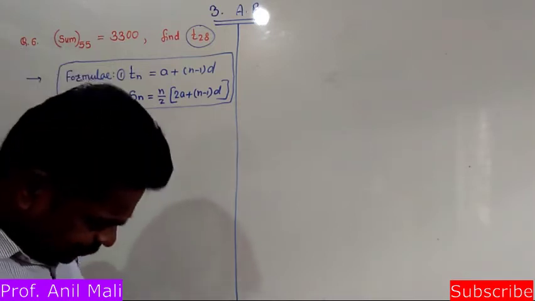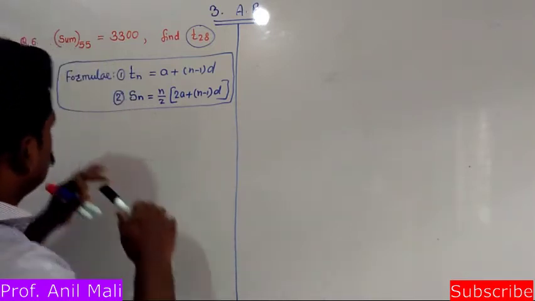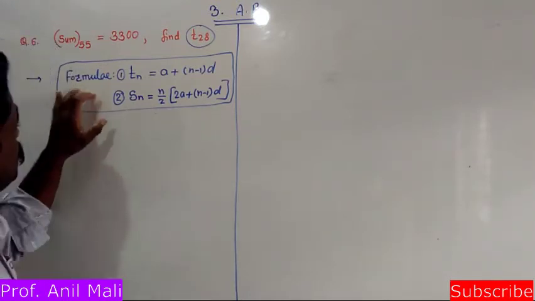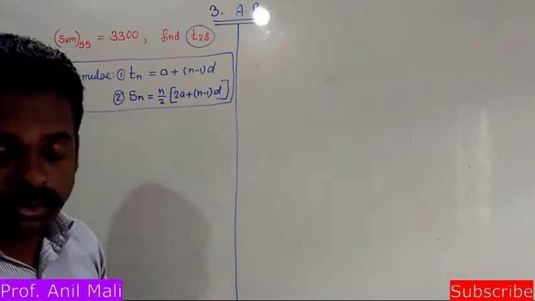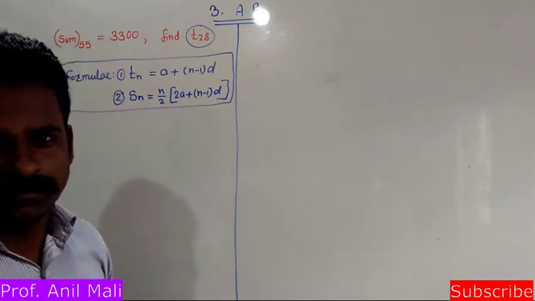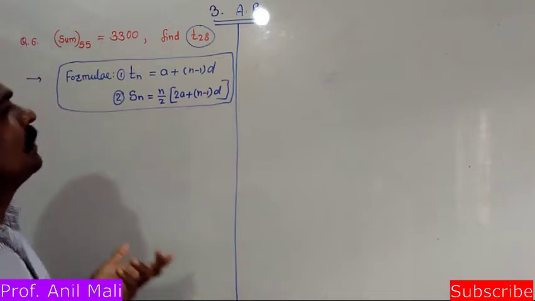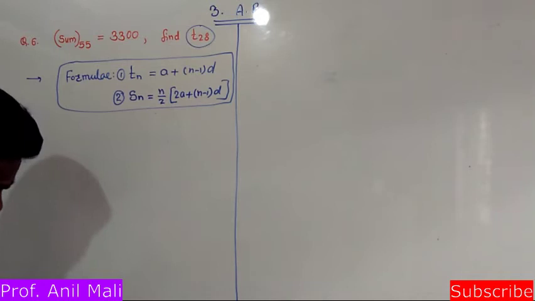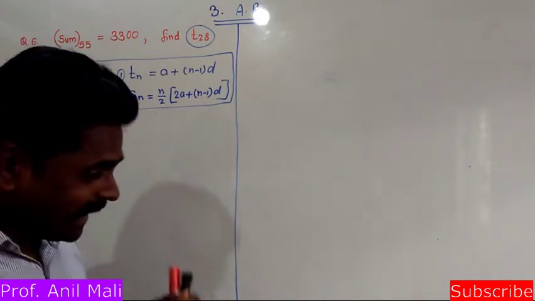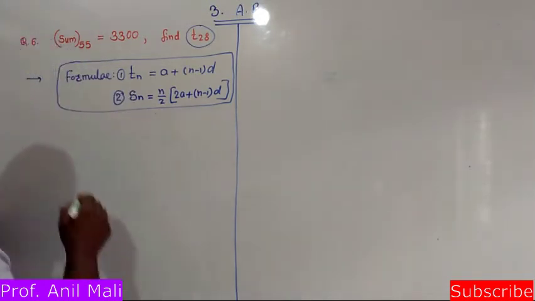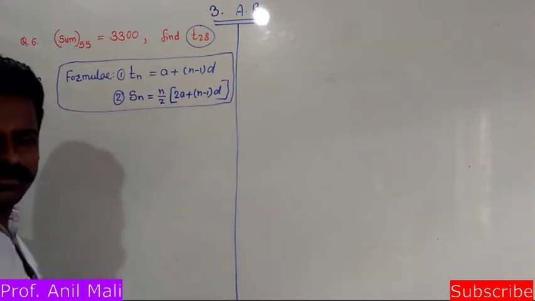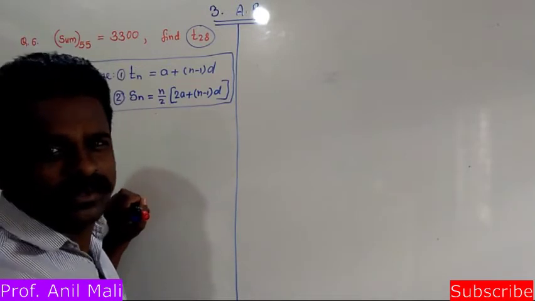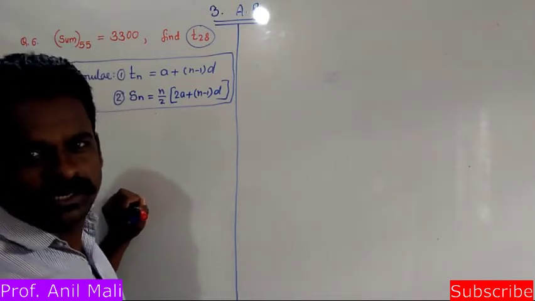Now see friends, this is extra work which I am giving to you. With the help of these formulas, you will be able to solve the problem very smoothly. Otherwise, you will face some problems while solving it. Now, we will go for the exact procedure. Before writing anything, we will write that a and d are the first term and common difference for the given arithmetic progression.